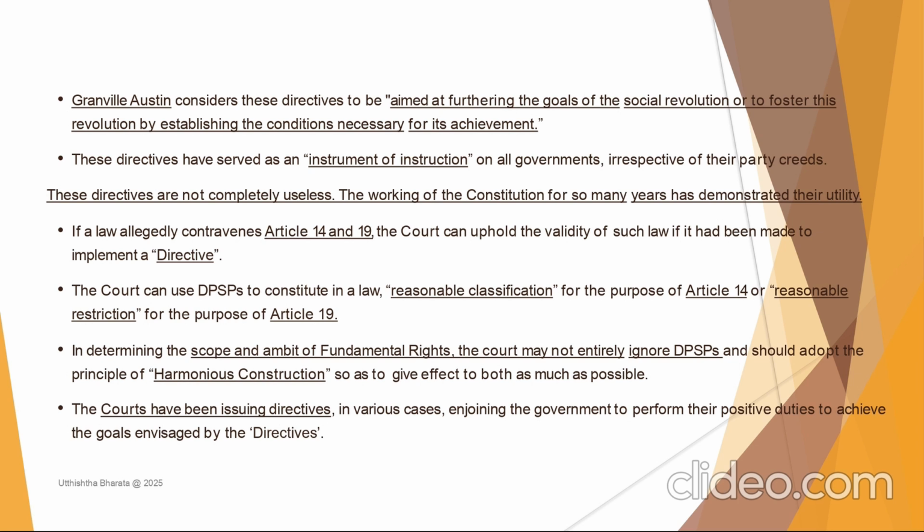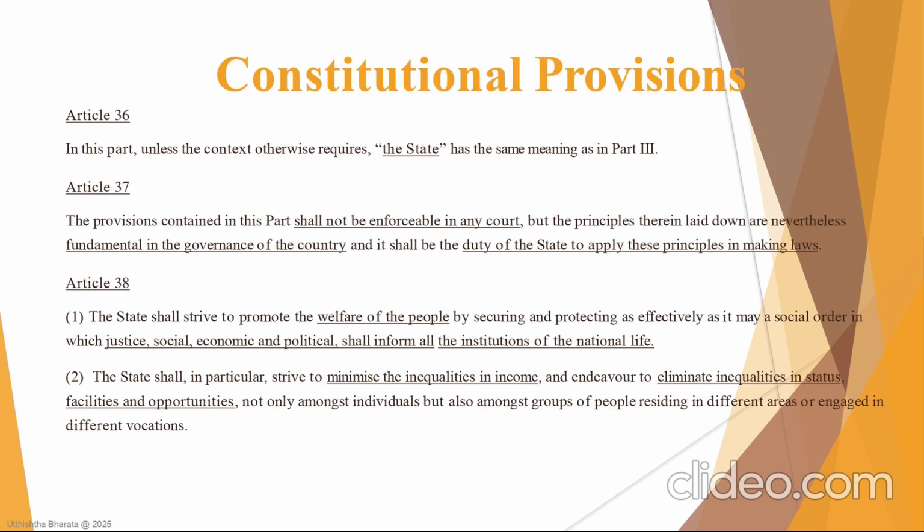Now, in case a law allegedly contravenes Article 14 and 19, the court can uphold the validity of such law if it had been made to implement a directive. The court can use DPSPs to constitute in a law a reasonable classification for the purpose of Article 14 or reasonable restriction for the purpose of Article 19.